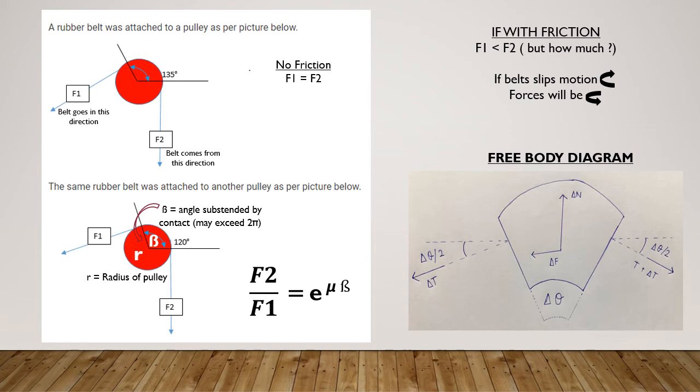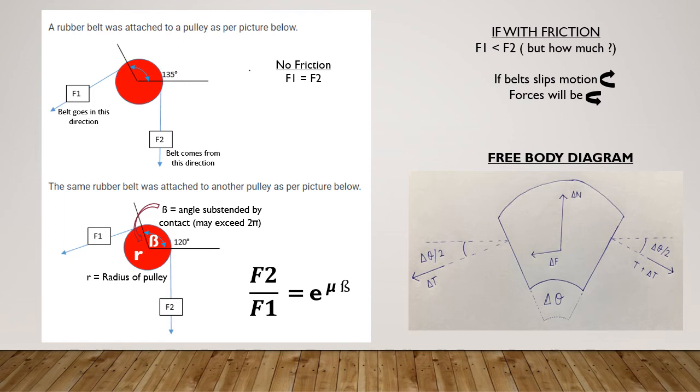So friction is going to oppose the motion, so friction is going this way, anti-clockwise. Think about it: if F2 is coming clockwise and friction and F1 go anti-clockwise, then F2 has to be bigger than F1. How much bigger is the question.